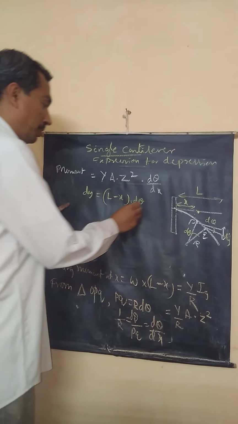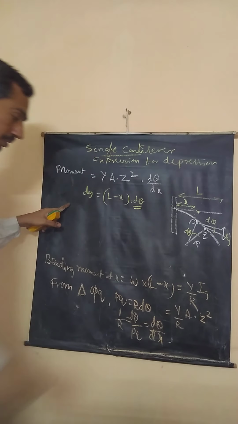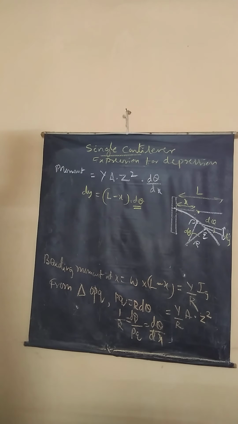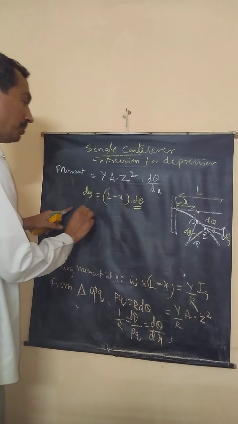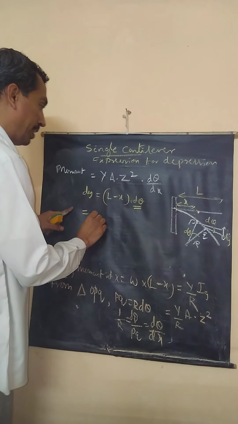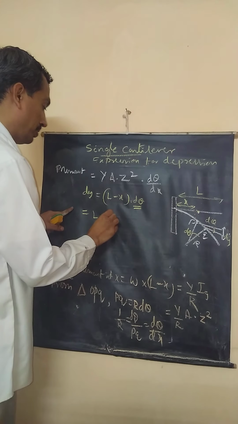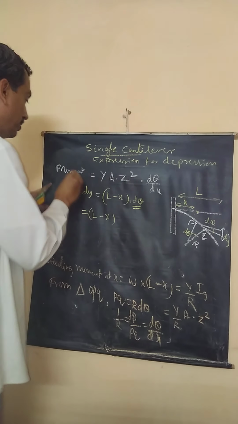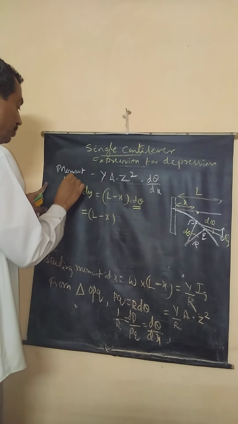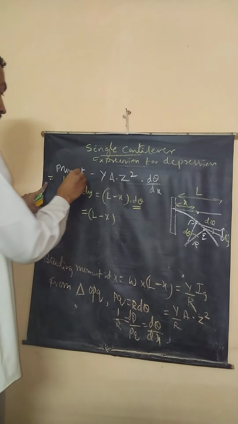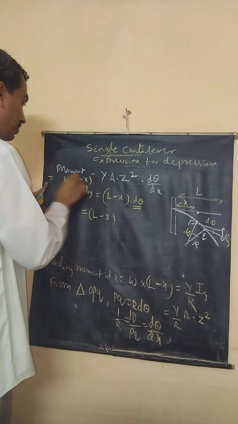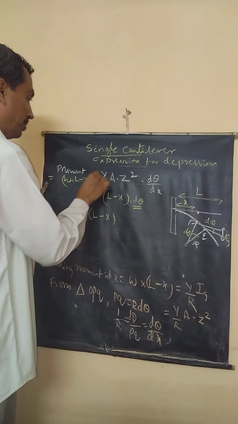Therefore, now I substitute for d theta from this here. W equal to into L minus x.